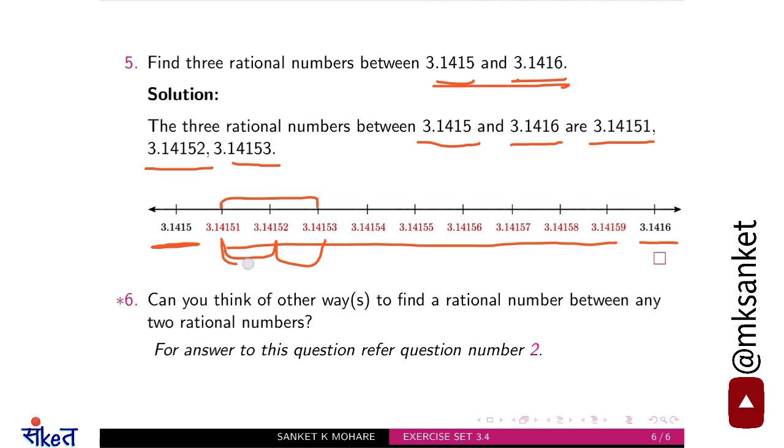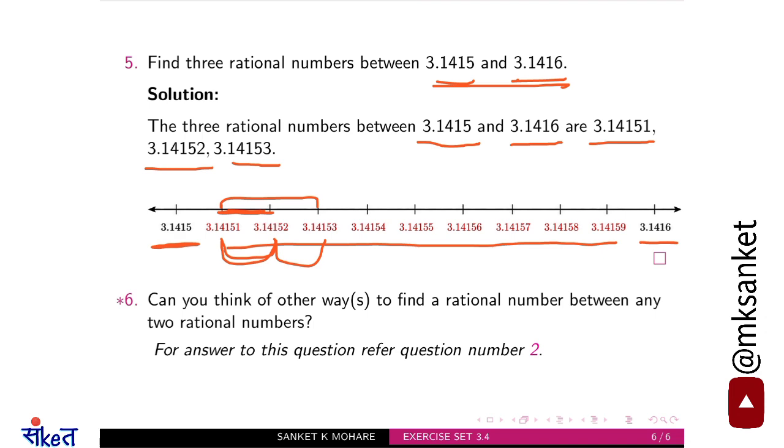Here also we can have 9 numbers like this. We can visualize this. If you zoom in, if you magnify this, again you will get the same number line with 9 numbers. So which 9 numbers can we show here? 3.141511, 3.141512, and so on, 3.141519.